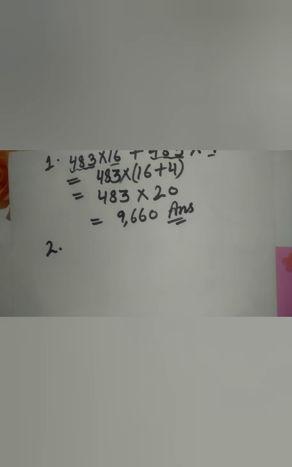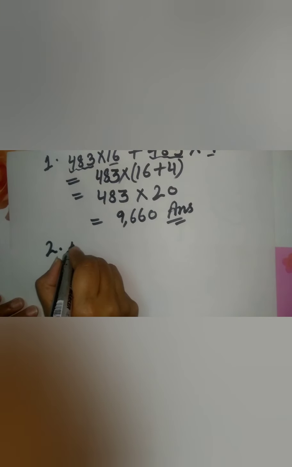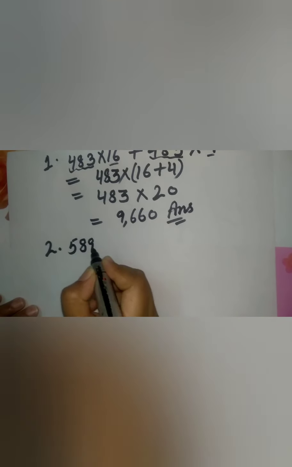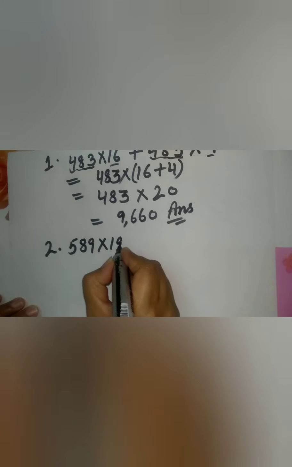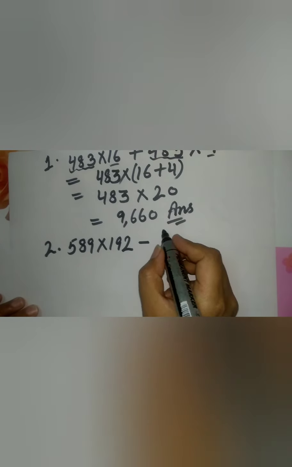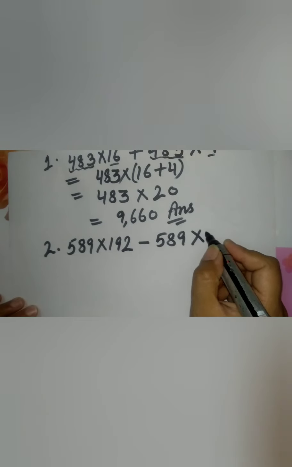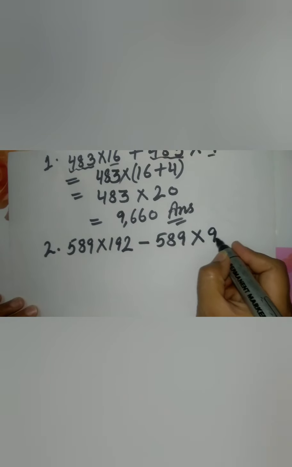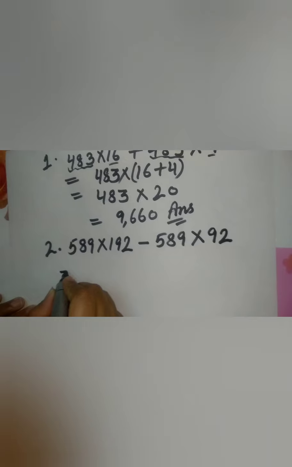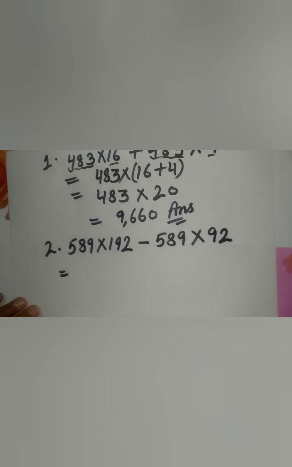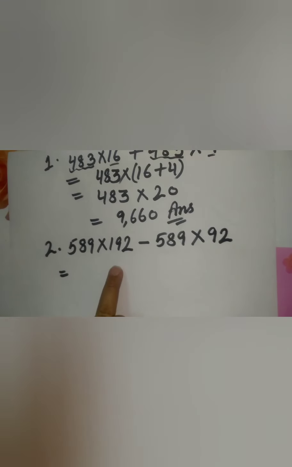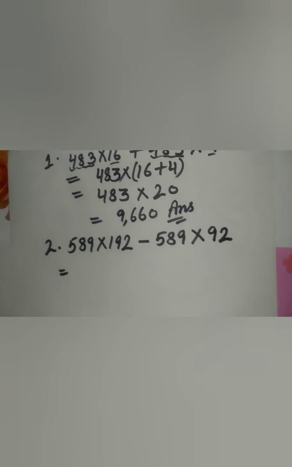Example number 2. This example says 589 into 192 minus 589 multiplied by 92. So now again just see, either fighting with 192 separately and 92 separately is easy for us, or combining them.